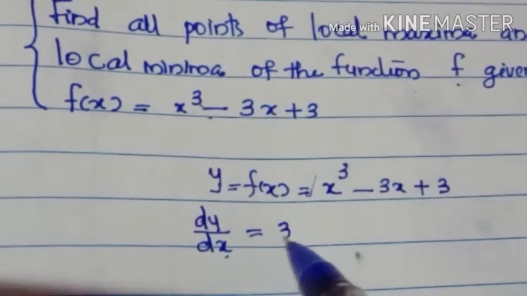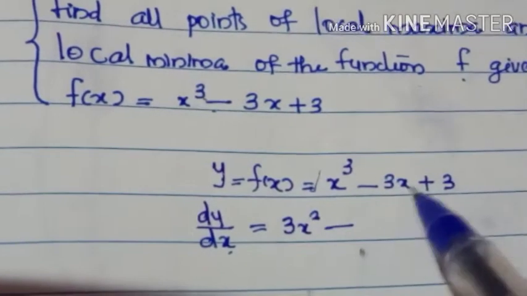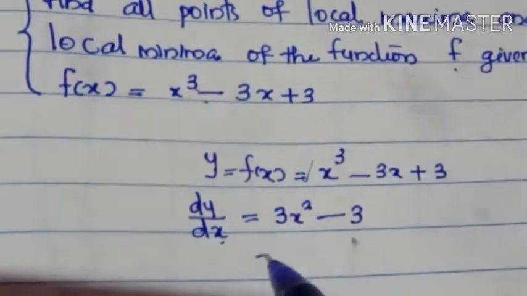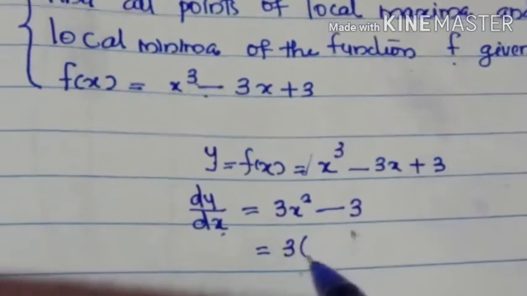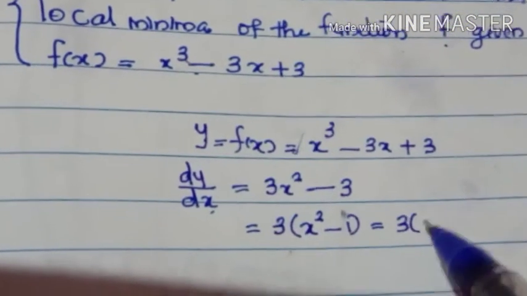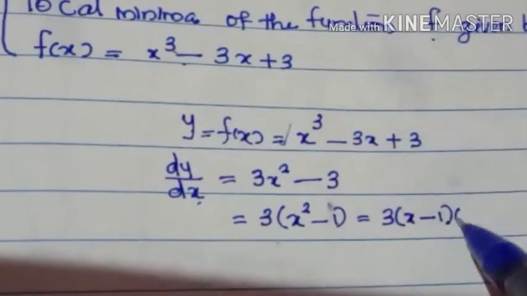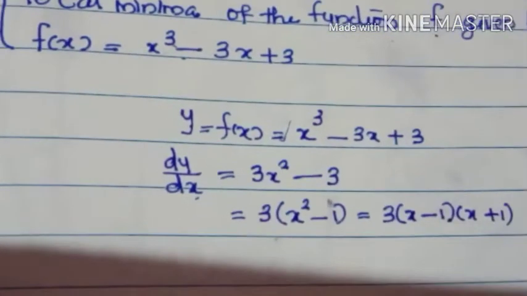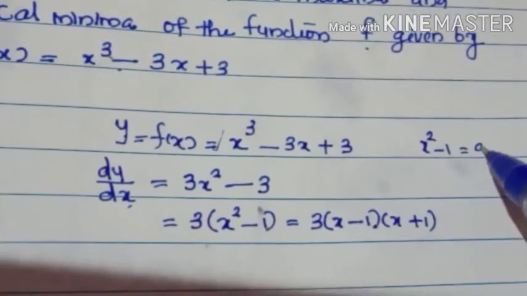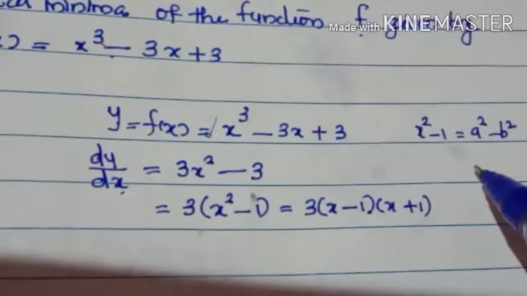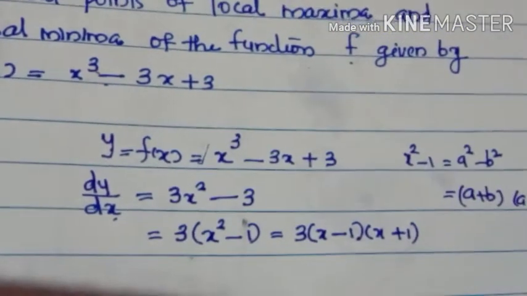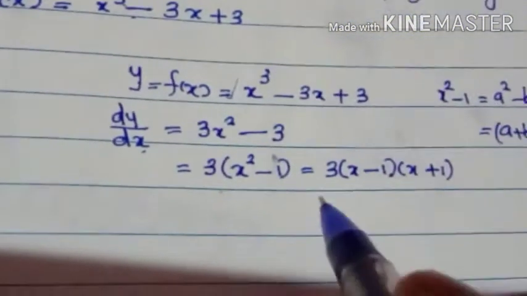Derivative of x cube is 3x square, derivative of 3x is 3, derivative of 3 is 0. Now here 3 is common, so take it outside. So 3 into x square minus 1, and this can be written as 3 into x minus 1 into x plus 1, because x square minus 1 is of the form a square minus b square. What are the factors of a square minus b square? a plus b into a minus b.